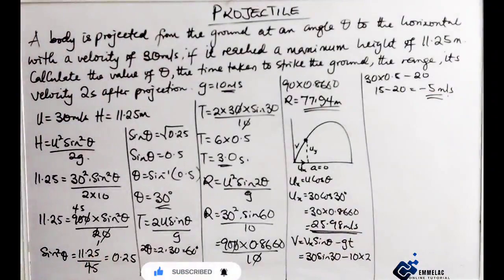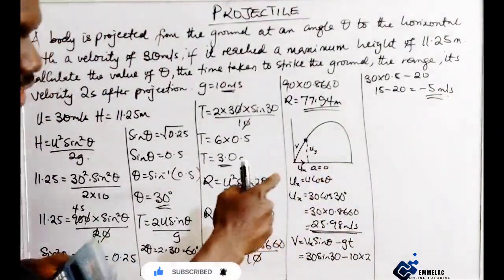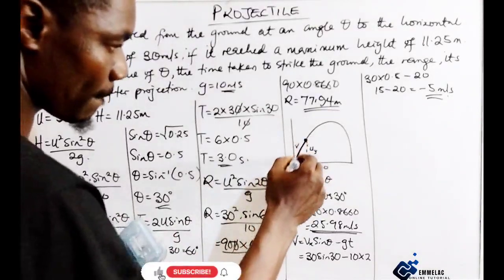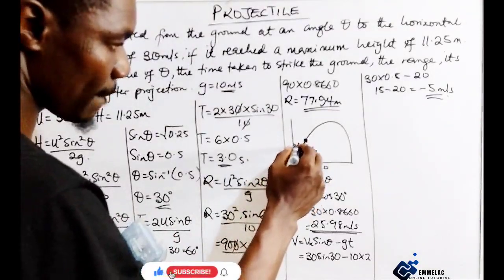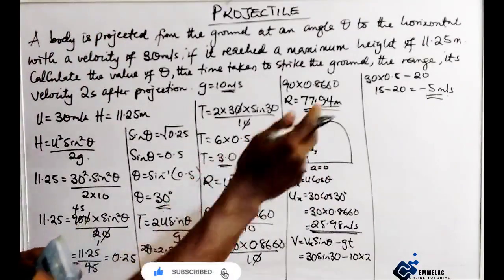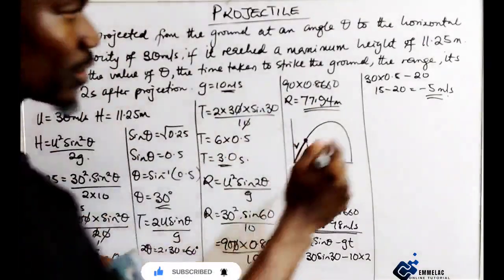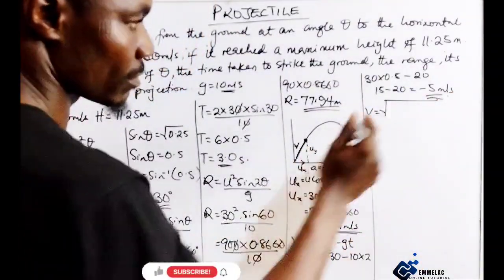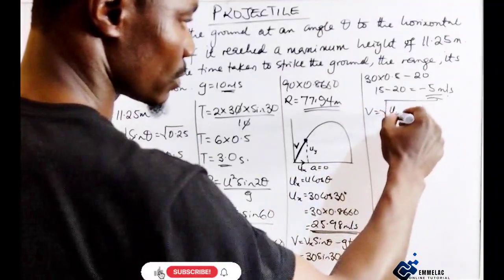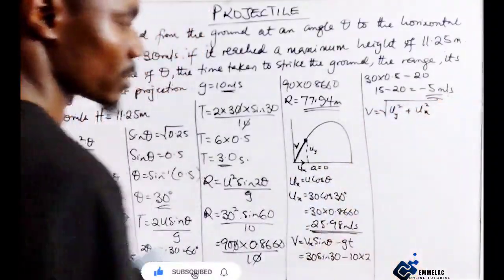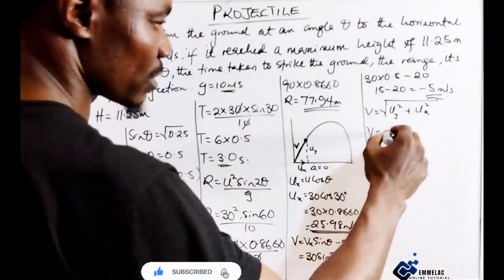Now, finding the value of v, its velocity at 2 seconds. We have that v equals the square root of uy square plus ux square.